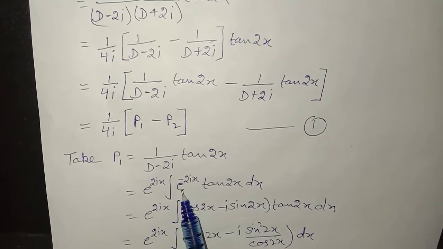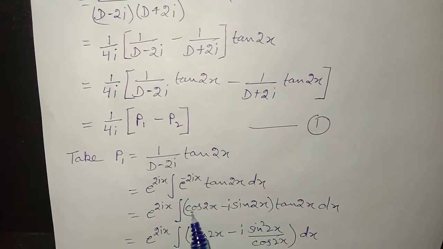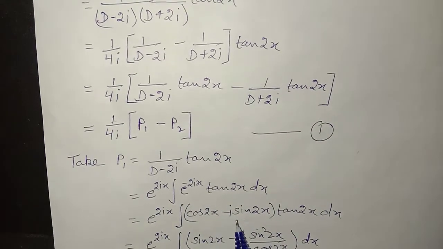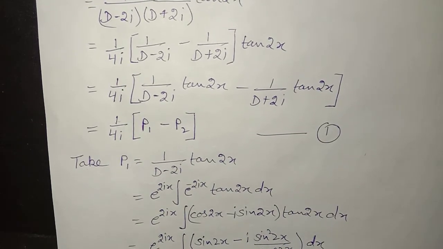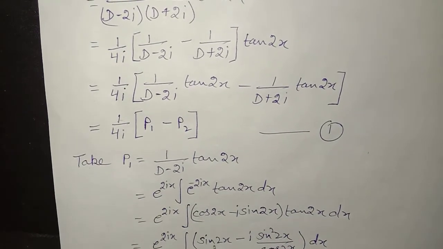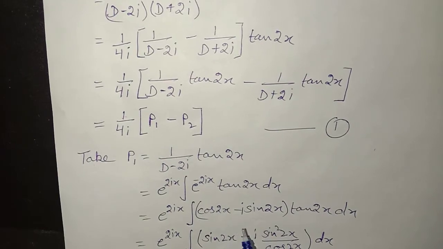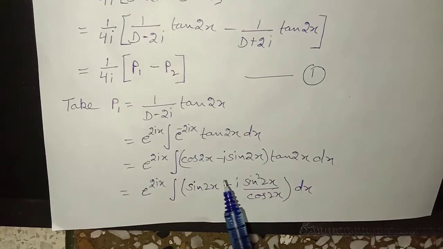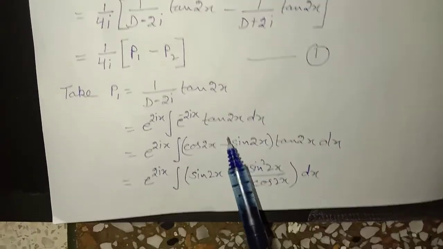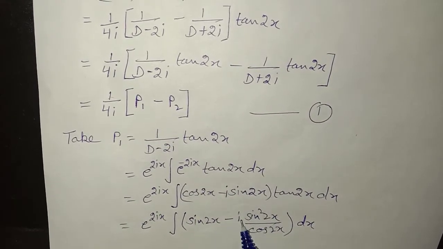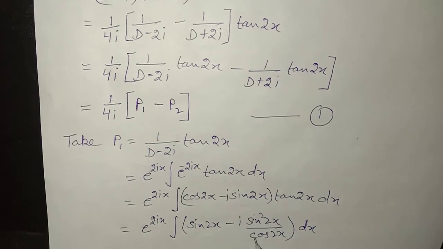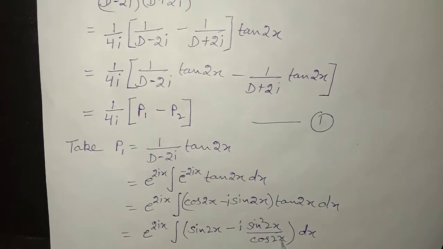This e^(-2ix) can be written as cos 2x minus i sin 2x. Multiply this by tan 2x. So the first term will be sin 2x, minus i sin² 2x divided by cos 2x.